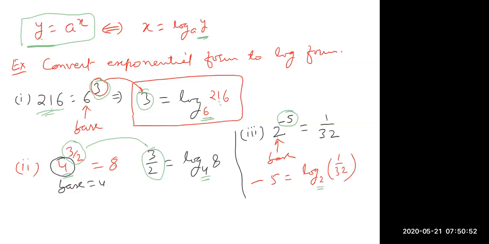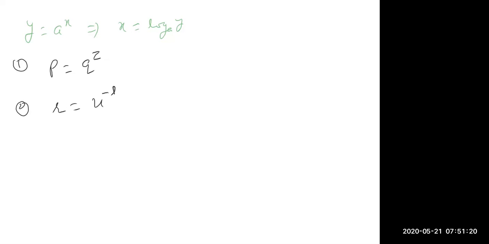So 2-3 more problems I'm asking you. Again, this concept I'm asking. If you have y is equal to a raised to power x, this is equivalent to x is equal to log a y. Now tell me 1, 2, 3 questions here. Question number 1: if you have p is equal to q raised to power z. Second: r is equal to u raised to power minus t.